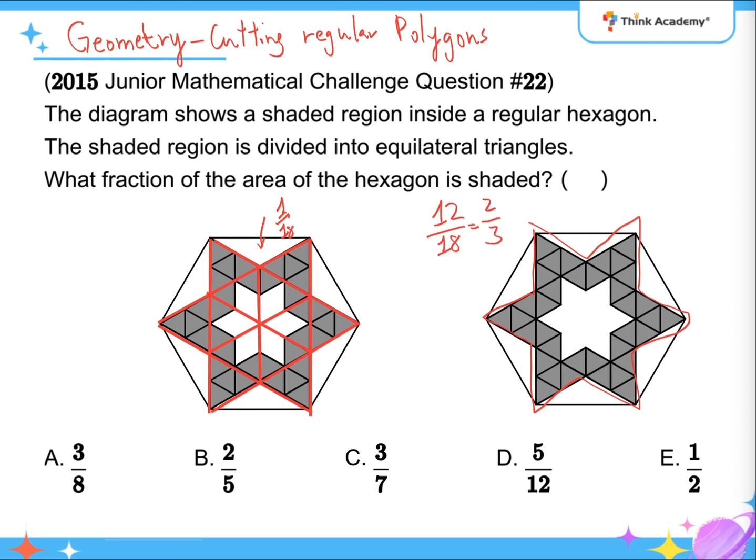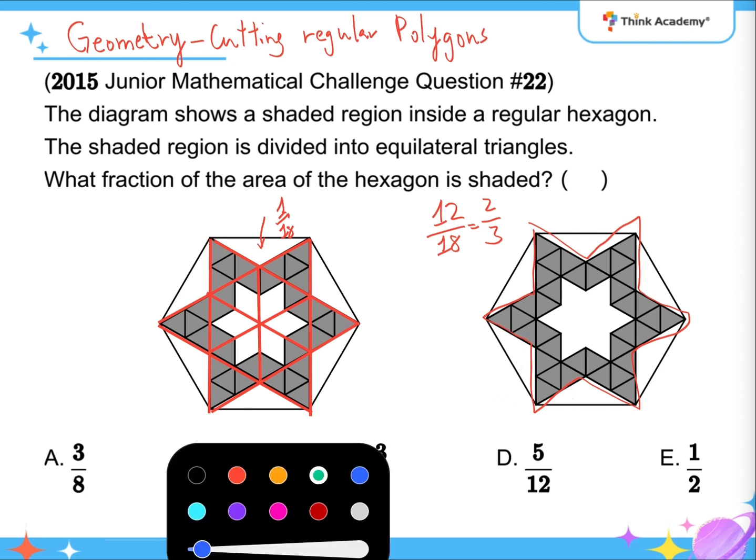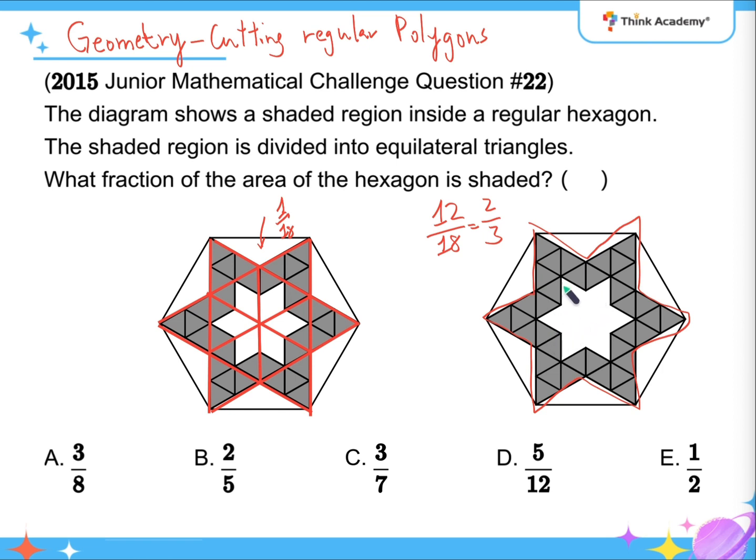And then, what fraction of the core is shaded? Well, we just need to do a cut like this to cut the core into 6 identical rhombus pieces. And in each of these rhombus pieces, you can see that 1, 2, 3, 4, 5, 6 parts out of 8 are shaded, right?